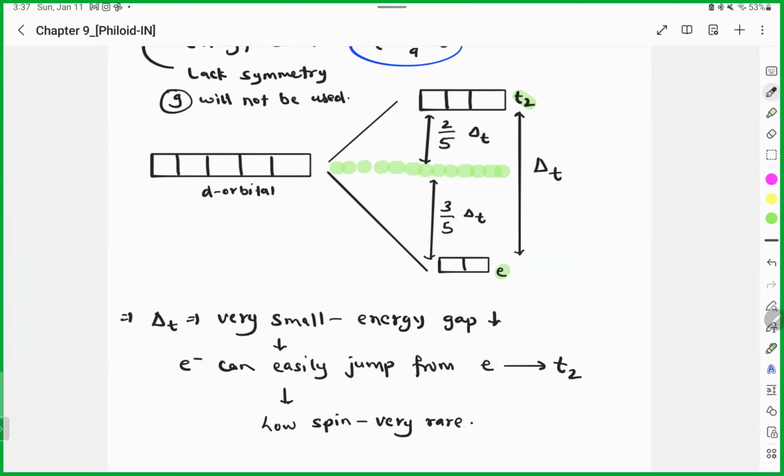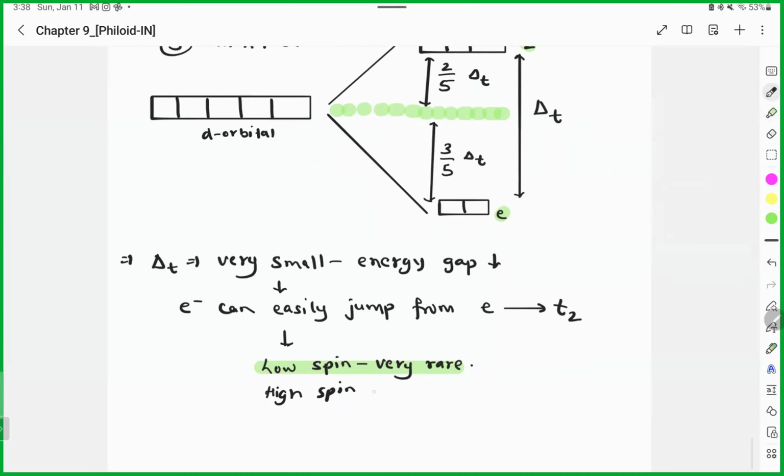Why? Because when an electron easily jumps from one orbital to another, mostly you will see paramagnetic nature. It means high spin is very common.